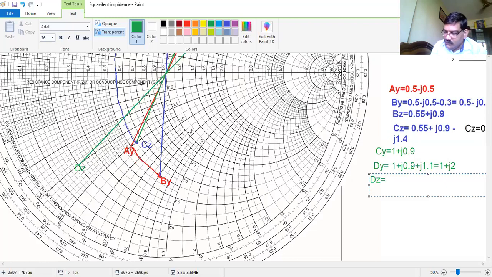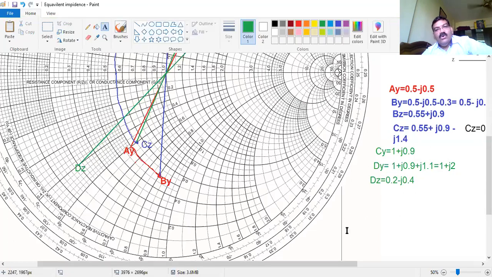DZ equals 0.2 minus j0.2... minus. Okay, so this is DZ. I got the value of DZ. Now only the last step is left, DY you have converted to Z.